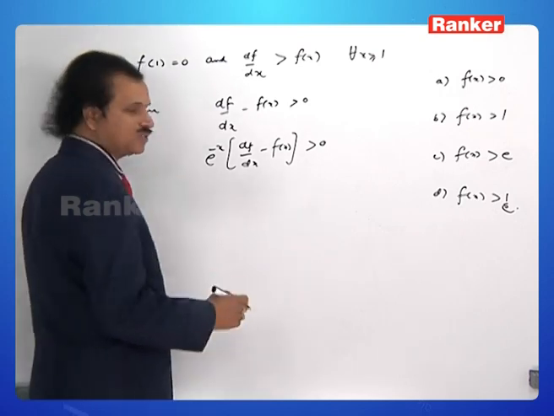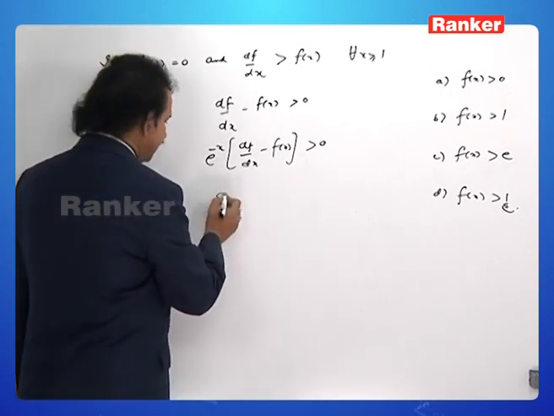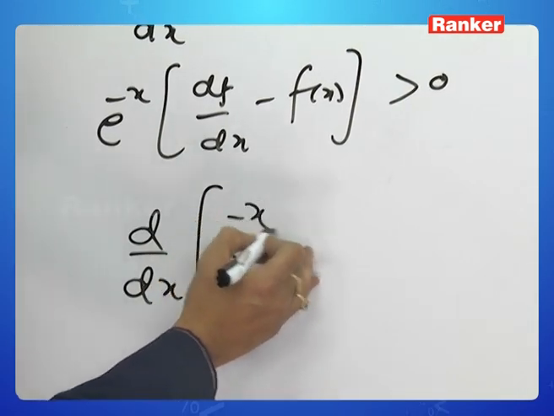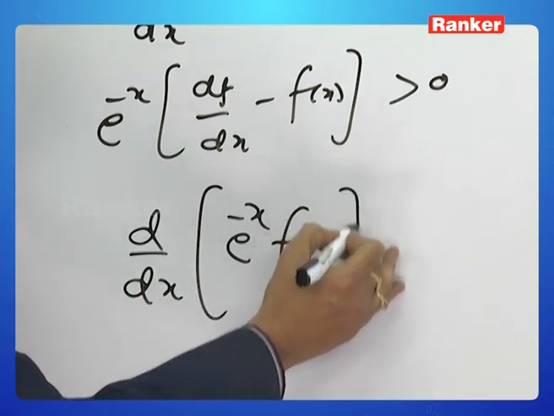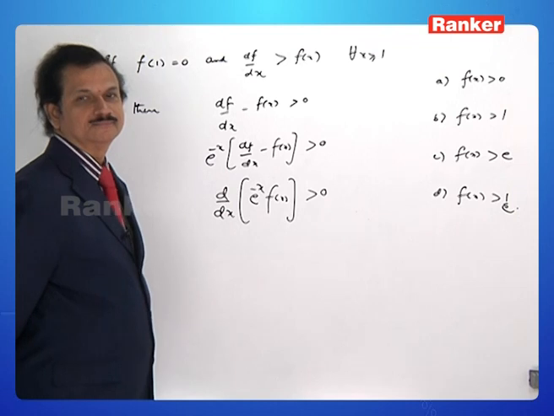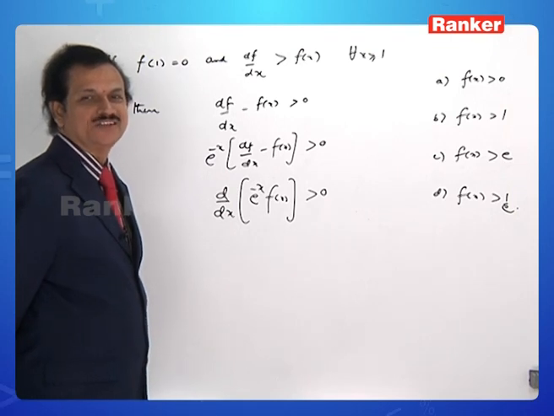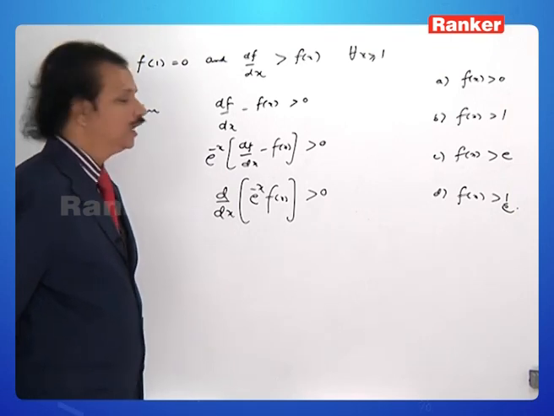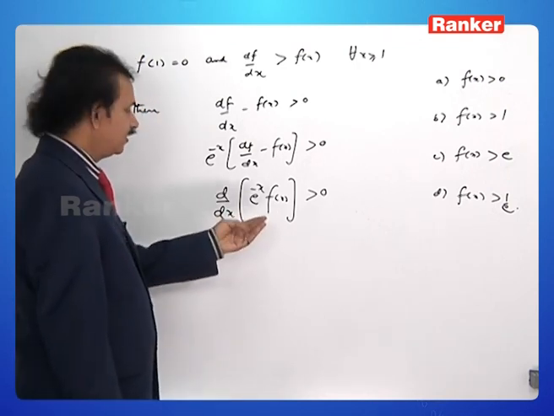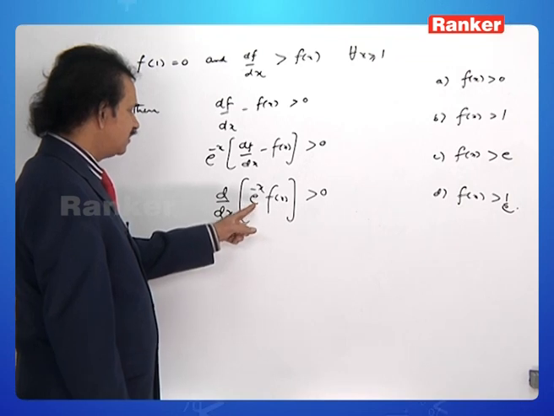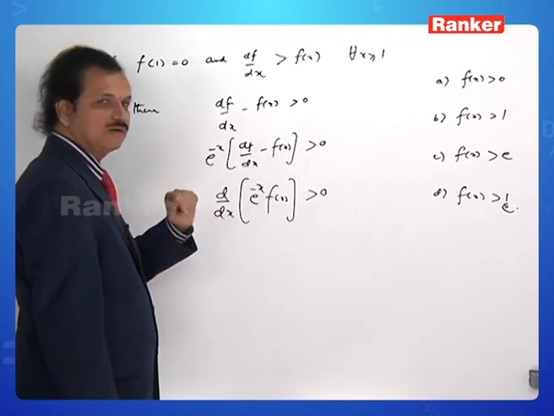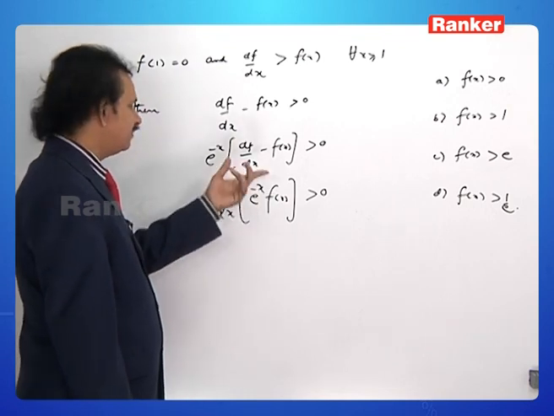Okay, you can see one thing. This is nothing but d by dx of e power minus x into f of x is greater than 0, isn't it? Okay. You observe it. The derivative is e power minus x into f of x minus 1, plus e power minus x into df by dx.